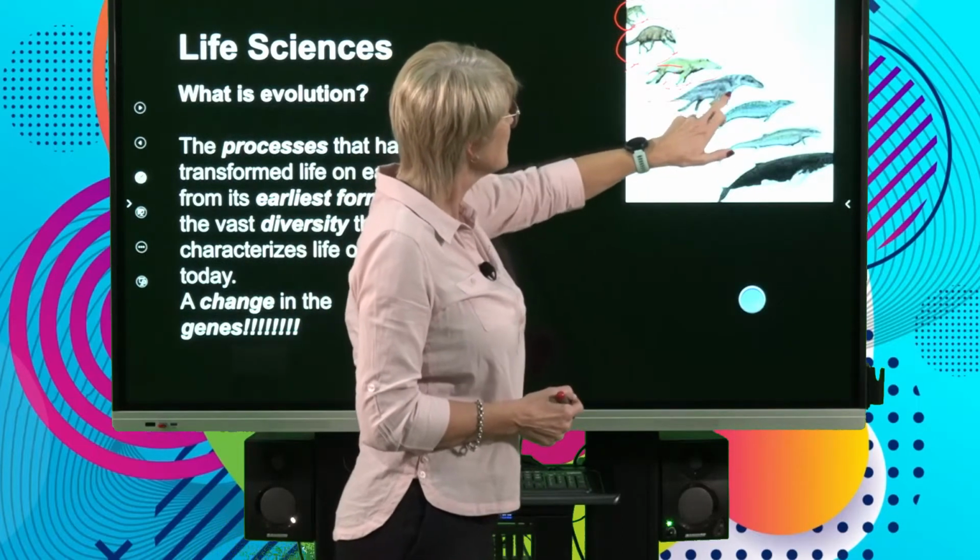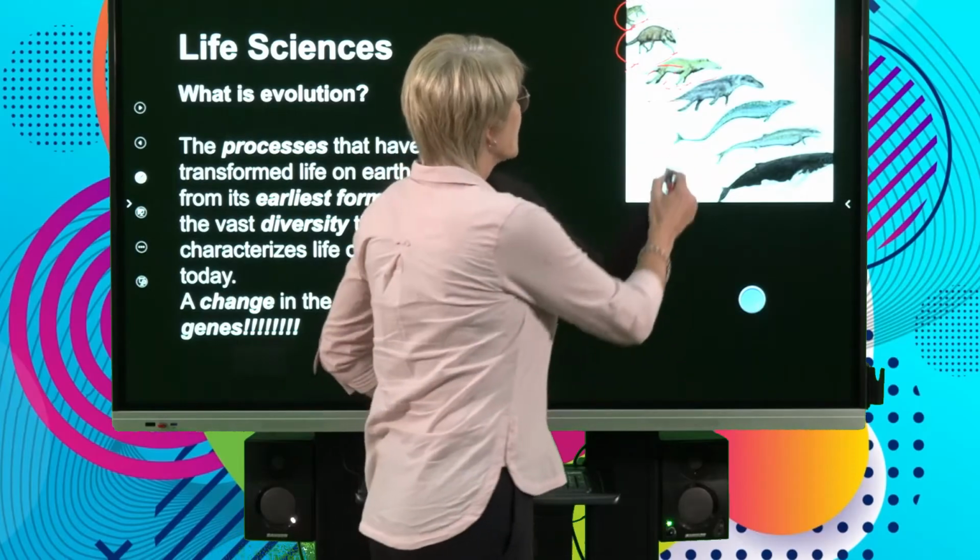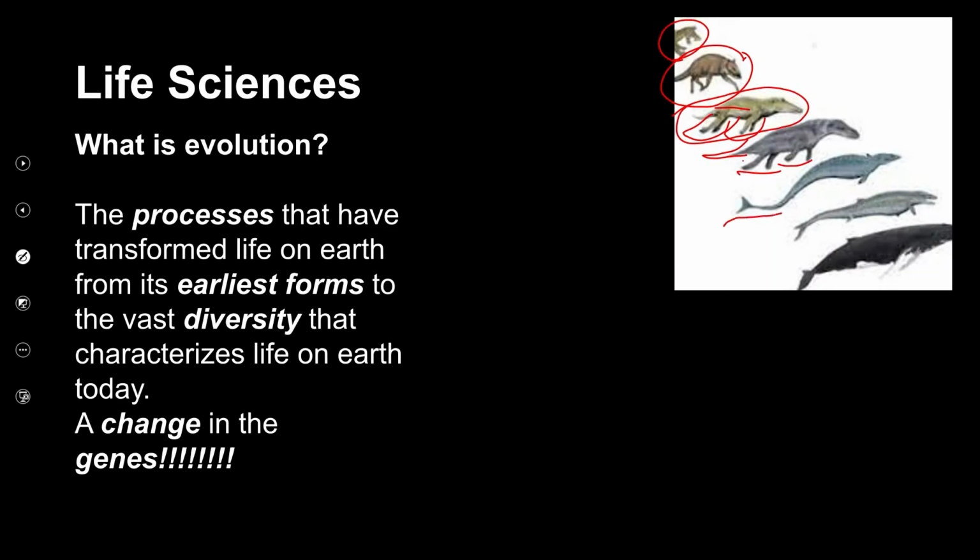As we go along here, already at this stage the tail has developed. It's much longer, and usually they use that as a propeller or a stabilizer in the water. We don't see any evidence of hind limbs anymore, so they have changed completely. Here we only see the evidence of the front limbs.